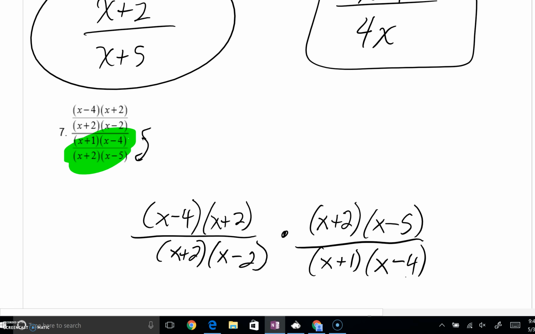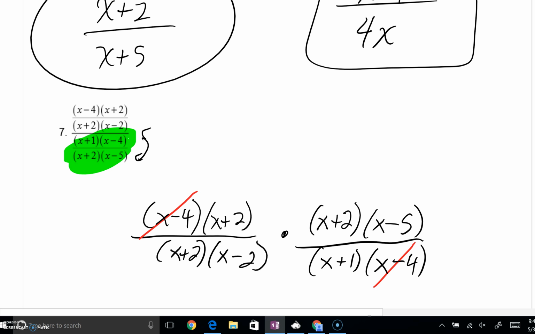And if you can get to this point, guys, you are incredibly close to getting things to cancel out. Do things cancel out? Yeah, what? X minus 4, I heard someone say, one's up on top, one's down below.